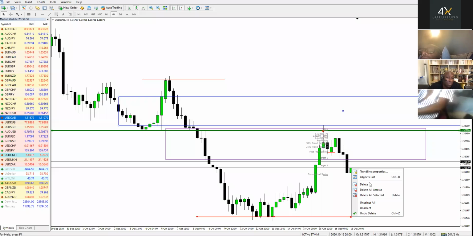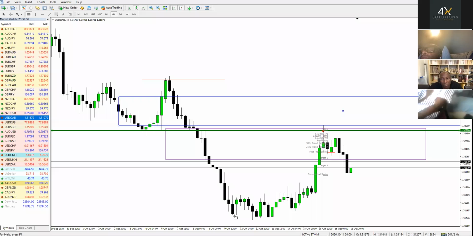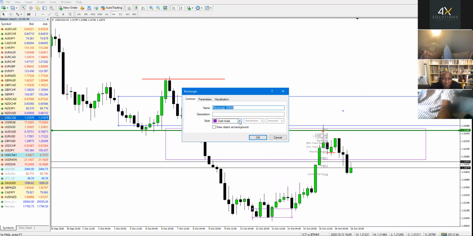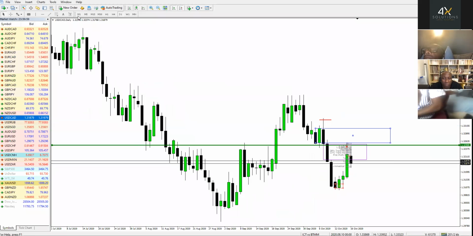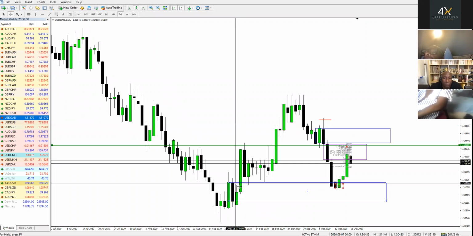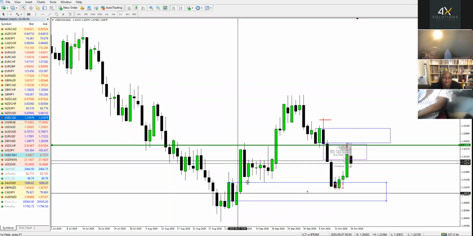So if we have the assumption that this level at the bottom over here is an order block, this is an order block, and I'm just going to make this one red, and let's see if there was a daily order block. So there was a daily order block over here where price had touched this daily order block over here.